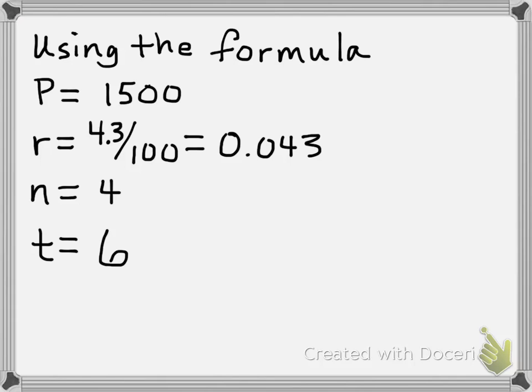The number of times that the interest is going to be compounded per year is 4 times, since the problem states that the interest is compounded quarterly, which means 4 times per year. And then the number of years that the amount is deposited or borrowed for is going to be 6 years.